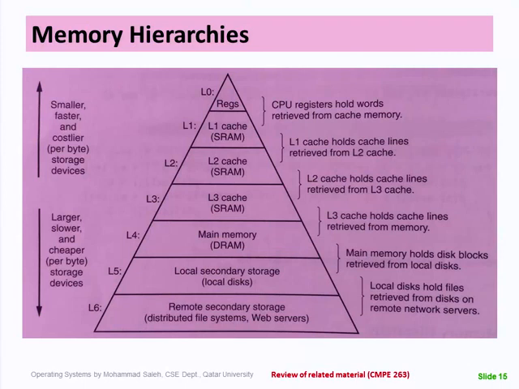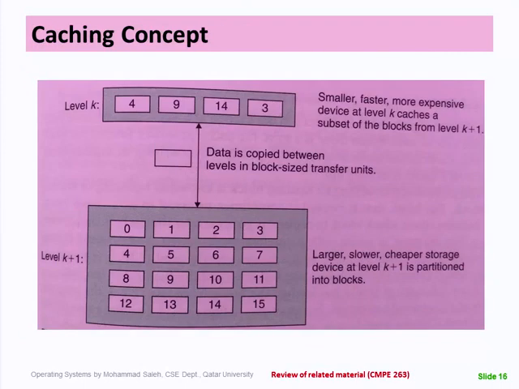Caching, what is it? Caching basically is this concept. You have a slower, larger, and cheaper type of storage, and we store a portion of the data that it has in a more expensive, faster, and smaller kind of storage, in general, right?